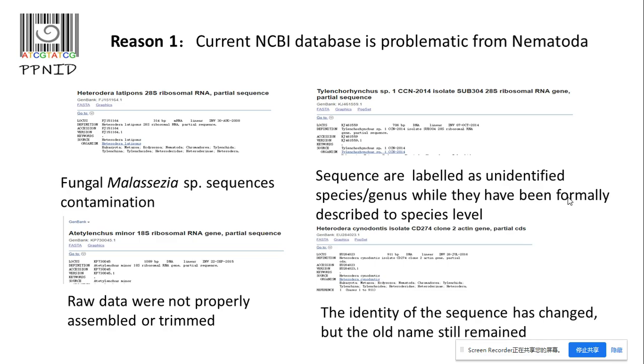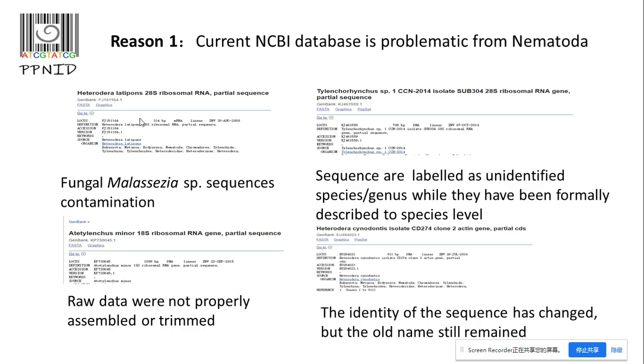For example, there are a lot of errors or mistakes in the GenBank database. The first one here is a Heterodera. This is supposed to be a cyst nematode, which is a famous plant-parasitic nematode.